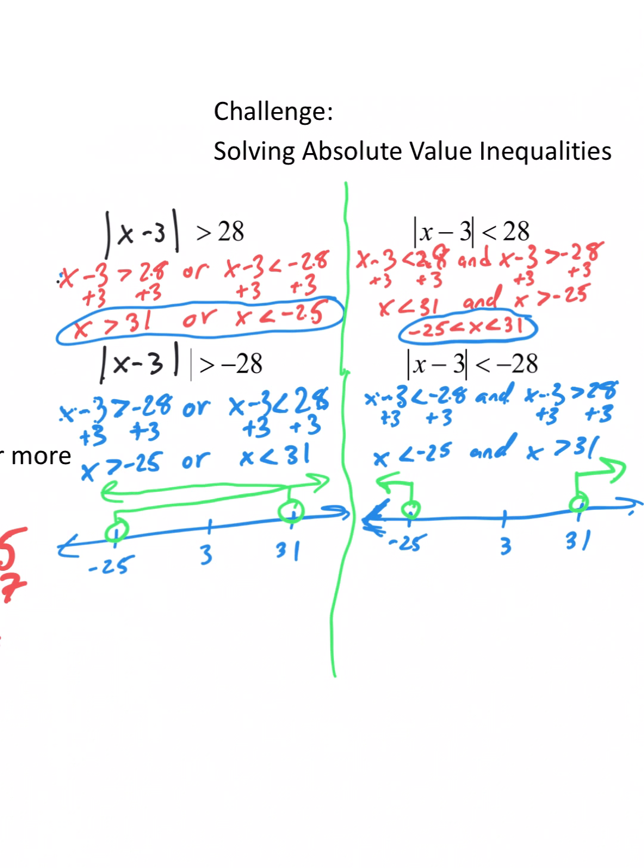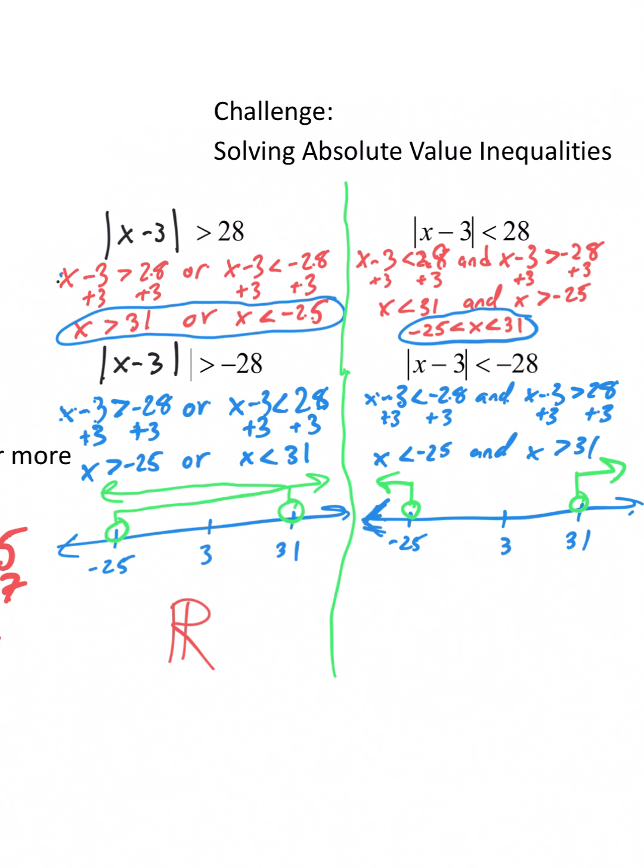If you can find me a number that is neither greater than -25 nor less than 31, you could make a lot of money that way, but it's not possible. This is an either-or, so you only have to fit into one of them, and every single number does. So this one is going to have the answer of all real numbers.